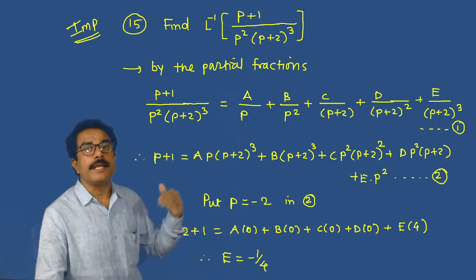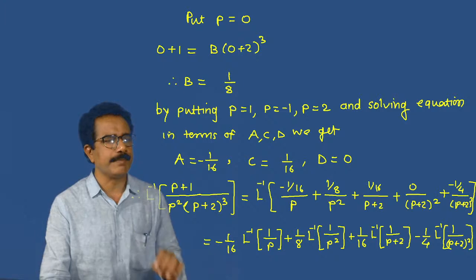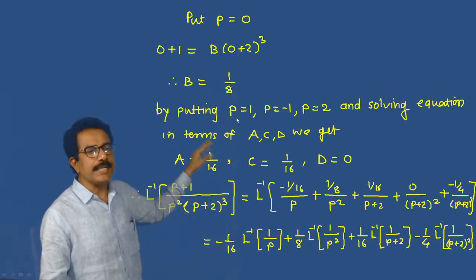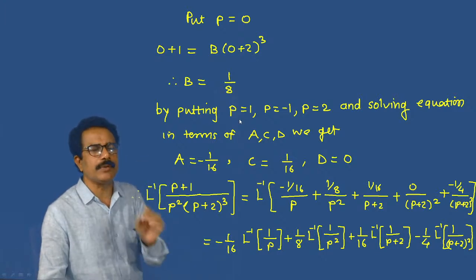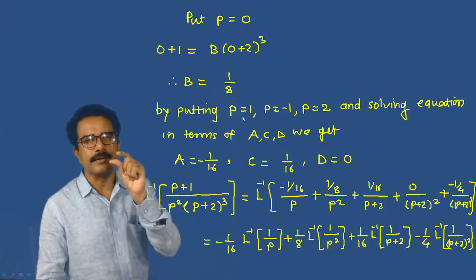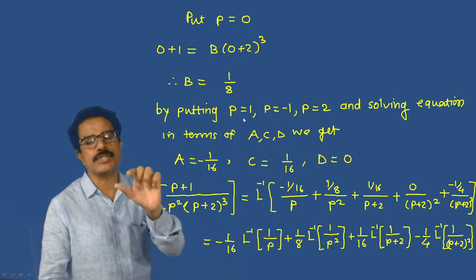So hereafter we have to put any small value of P. So by putting P equals to 1, these are the considered values. You can put any value, but for easy calculation it is convenient to put the smallest value of P.